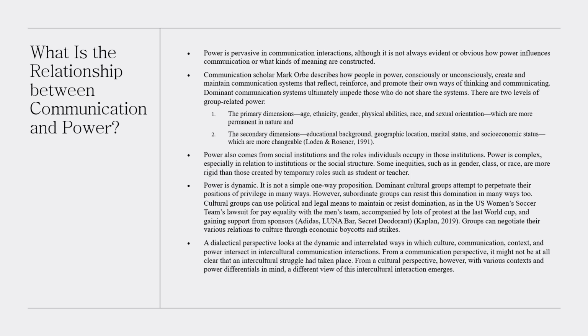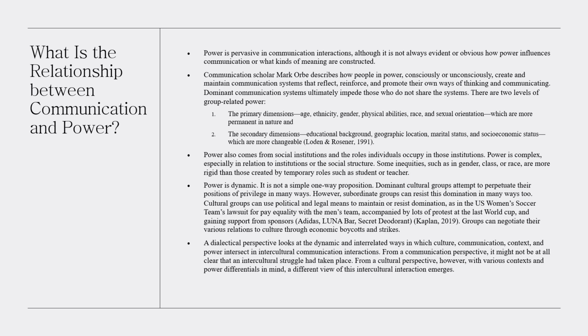The primary dimensions, things like age, older people tend to have more authority in most cultures. Ethnicity, there tends to be a dominant ethnicity. Gender, there seems to be a preferred gender sexuality value system. Physical ability, this is the case where people with physical disabilities are oftentimes excluded and marginalized in cultures.